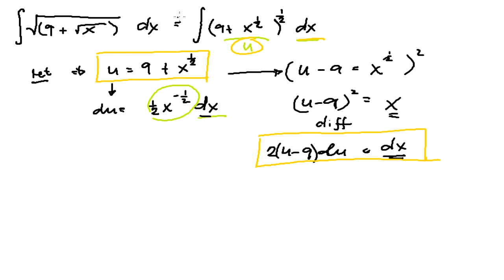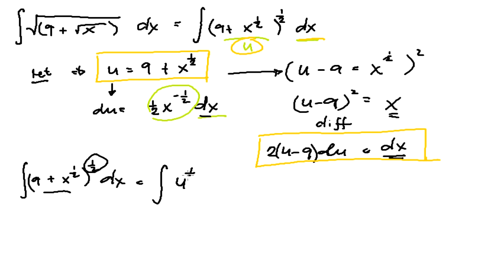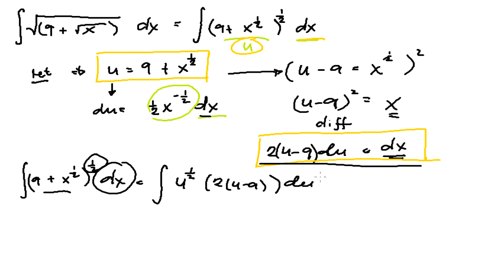Okay, so from here, the integral of 9 plus x raised to 1/2 raised to 1/2 dx is now equal to the integral of this part here, which is u but raised to 1/2. So we have u raised to 1/2, and our dx is this one. So we have 2 times u minus 9 du.